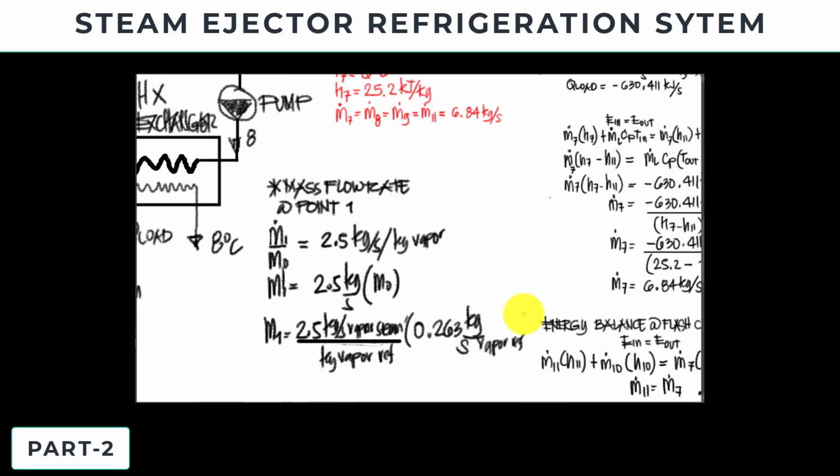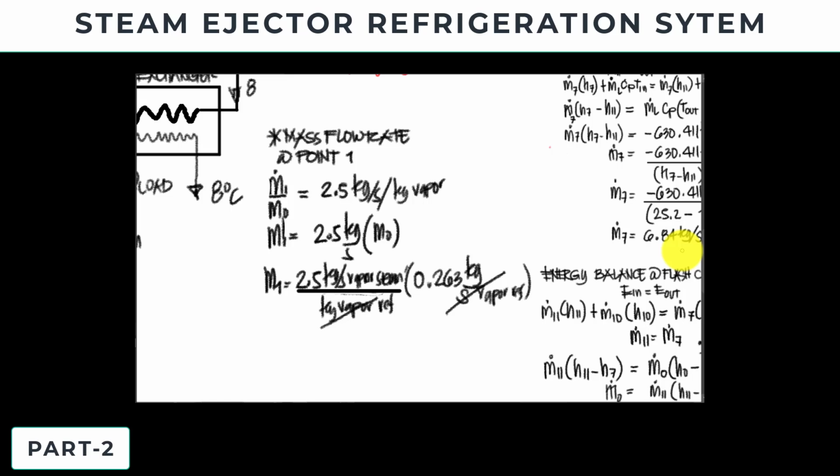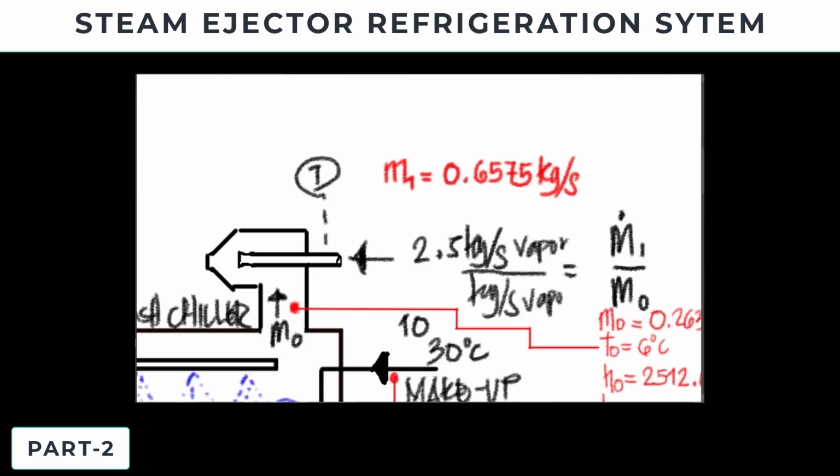So eventually this will be cancelled out, and what is left is the mass flow rate of the vapor of your steam. I have here the value of 0.6575 kilogram per second. Okay, so let's put it in here at point 1, to represent the free body diagram.